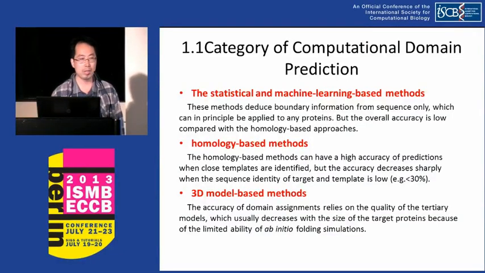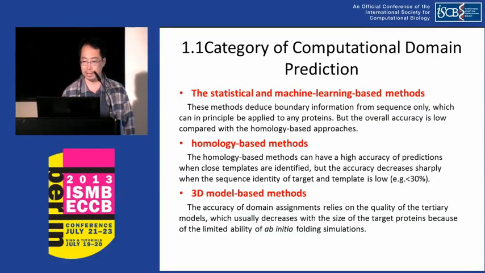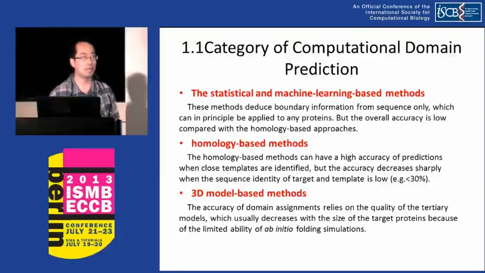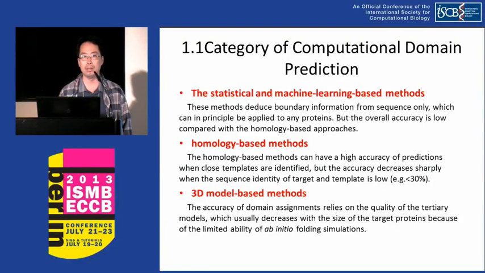The homology-based method has higher accuracy when close templates are identified, but the accuracy decreases sharply when the sequence identity is low, especially, for example, when the identity is less than 30%. Some predictions based on the homology-based method will fail.